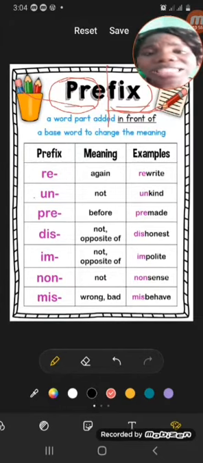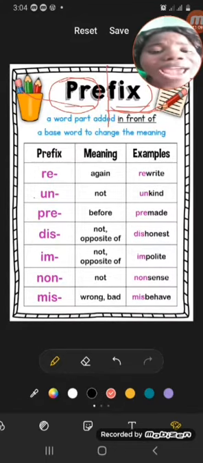Like when we say dishonest. Honest, dishonest. I add dis to honest to have dishonest. Do you get it now? We have IM, and IM simply means not as well. IM also means not or opposite of something. Possible. I can add IM to possible to have impossible.